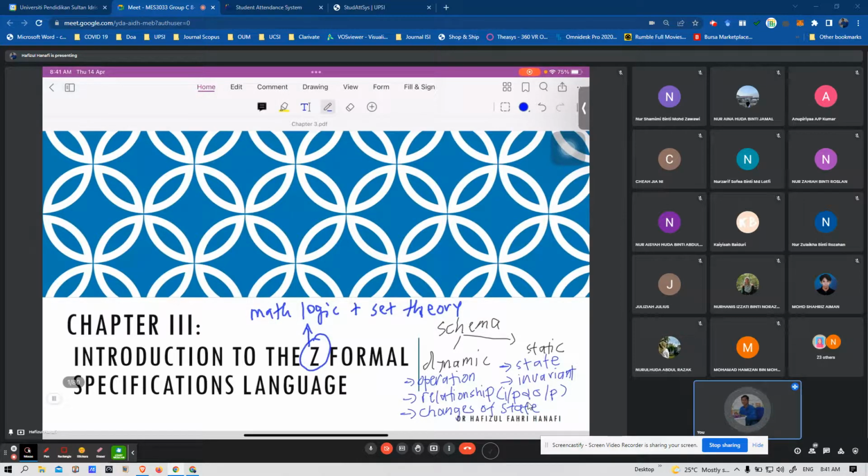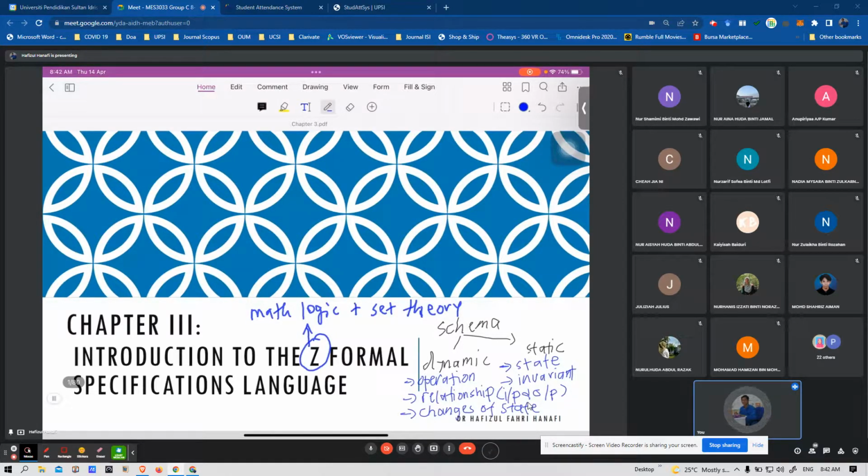For static, it consists of state, the condition of the variables, and also the invariant. For the dynamic, it includes operations, relationships, input and output, and the changes of the state.